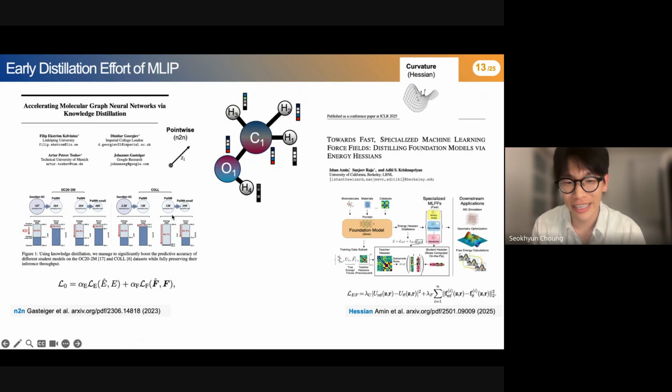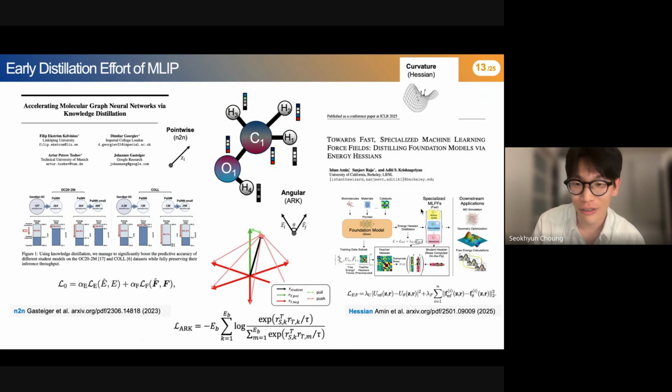Both have merits: the node information is very easy to get and the training is very light. However, the information of edges is almost missing in this case. When you take the Hessian, the information of edges and nodes is very rich. However, training with it is very computationally resource-intensive. So that's why we came up with this angular information, which is balanced between the Hessian and the node information, and that is the basis of what we're trying to do.